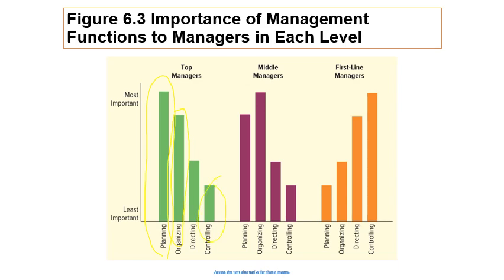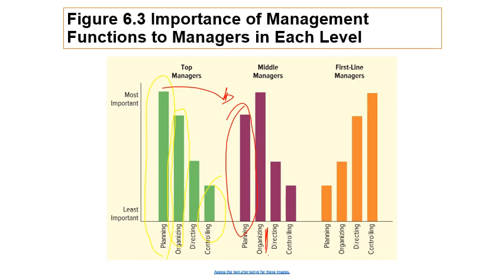Okay. On the other hand, as you can see, you have middle management, which is going to be doing some planning because they need to, like I said, translate the plans from top management to their areas of authority and influence, which usually is more narrowly focused and smaller. But they also, for the most part, are going to spend their time organizing, so setting up the structure so that the objectives actually get done.